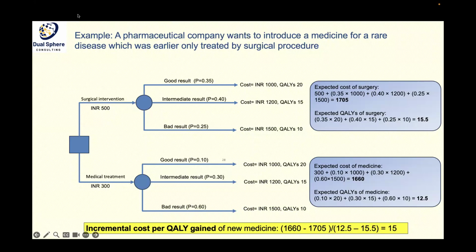Now you might argue, should we really be having an option where you are paying more? So with medical treatment, you will have to pay 15 rupees extra, which means that surgical intervention was better. Does it mean that?